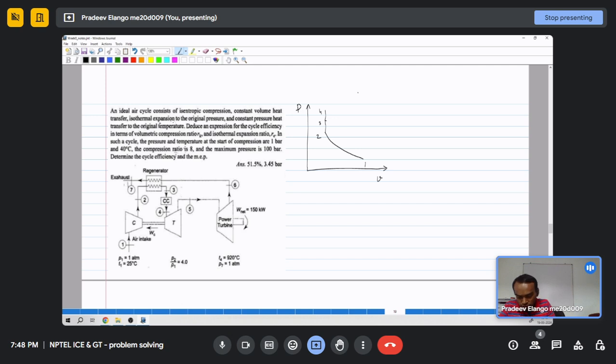And then isothermal expansion to the original pressure. So that means the original pressure is here. There is an isothermal expansion like this, and that is from 4 to 5. That is the expression for the cycle.